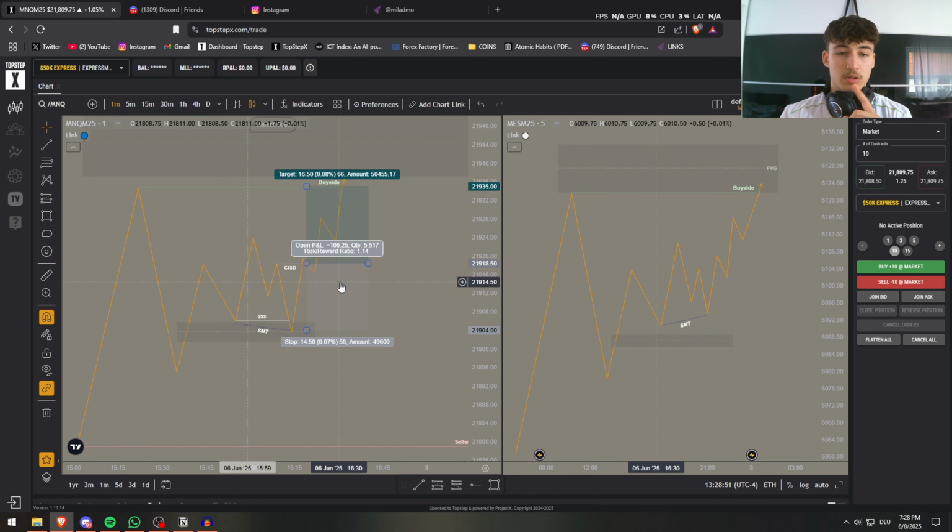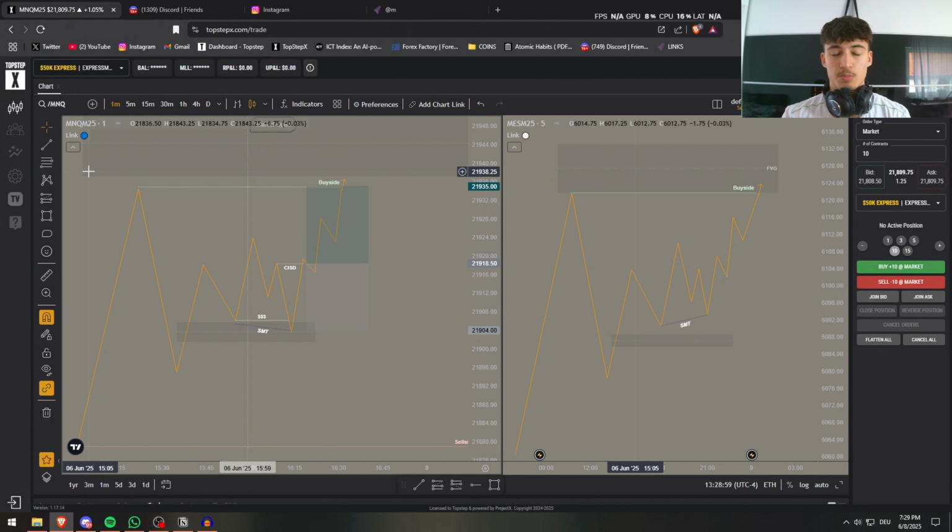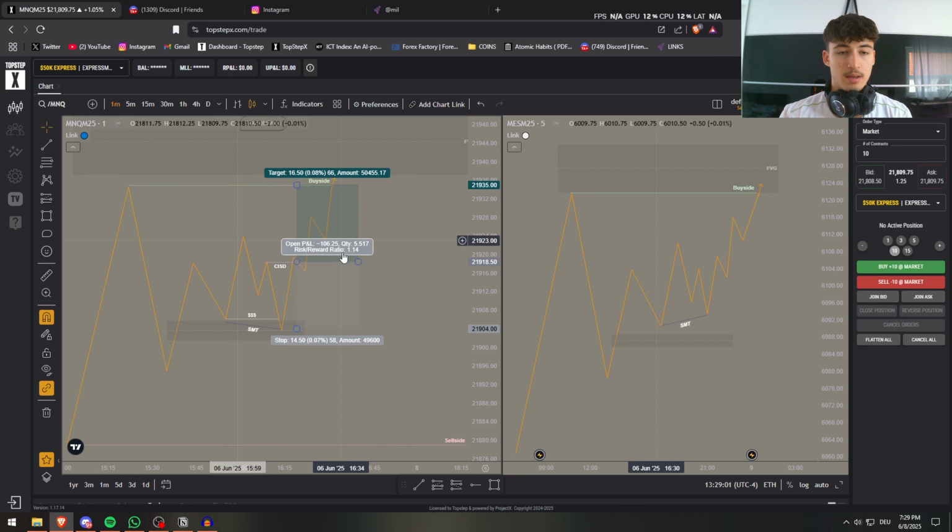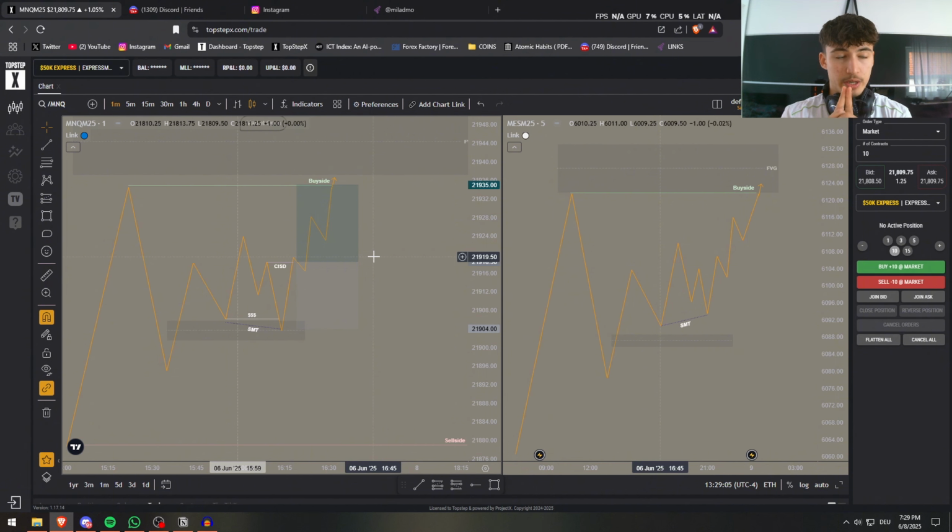As you can see, on continuations, I will be taking smaller risk to reward trades, from 1 to 1 to 1 to 1.5, around that level, because continuations have a really high win rate if you have a strong drawn liquidity. And I will also start heavy sizing on these continuations.